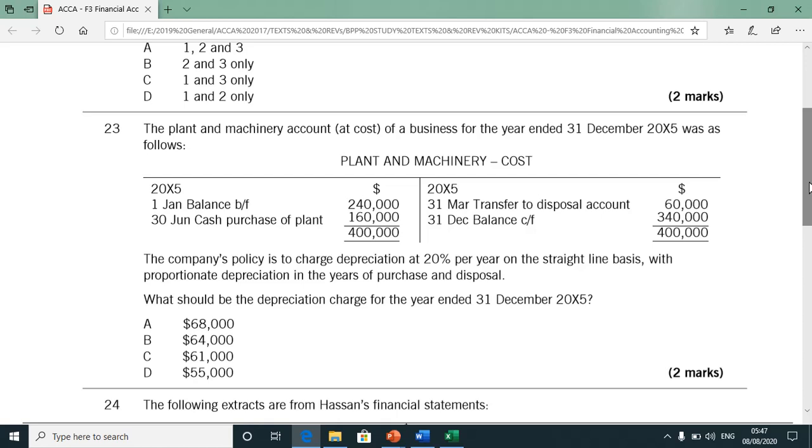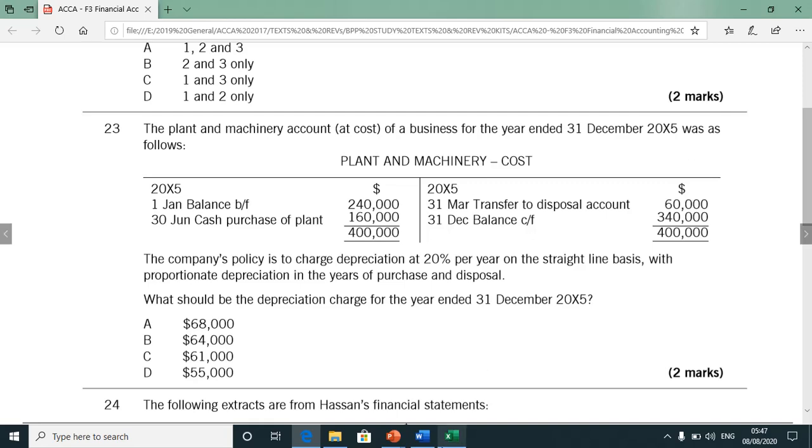The company's policy is to calculate depreciation at 20% per annum with proportionate depreciation in the years of purchase and disposal. What should be the charge for the year 31st December X5?